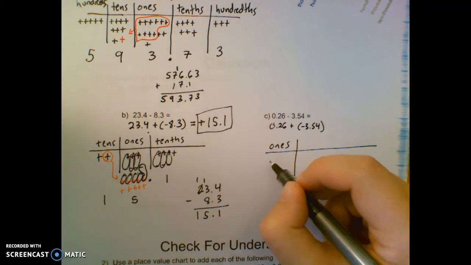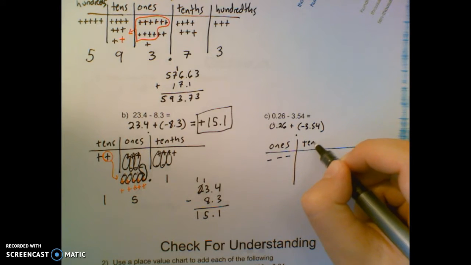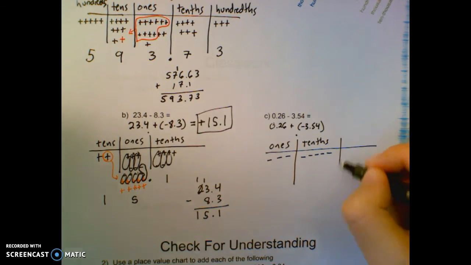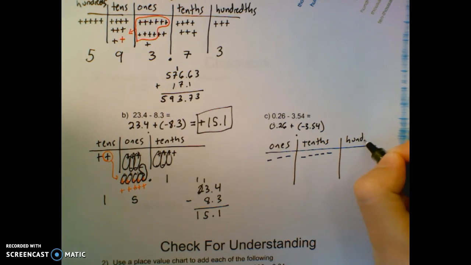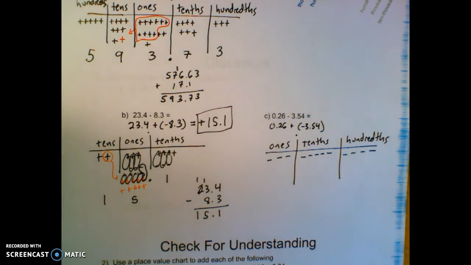So here's the ones, I've got 3 negatives. Here's the tenths, I've got 5 negatives. And here's the hundredths, I've got 4 negative hundredths. Now I can go and I can add.